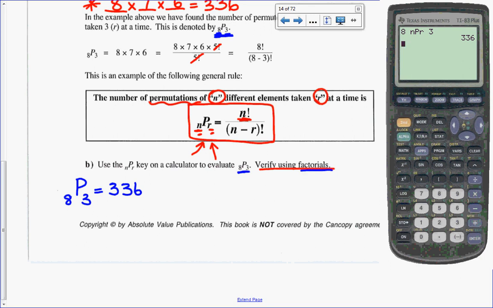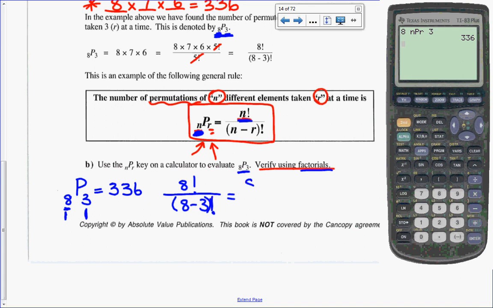So what that really means is 8P3 means I have 8 factorial on top, because if I'm looking at this equation here, that's my n. N is how many I'm choosing from altogether, over, and then here it's this number minus this number. So 8 minus 3, in brackets, factorial.